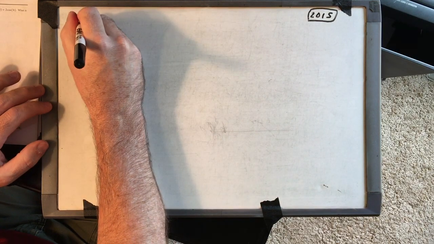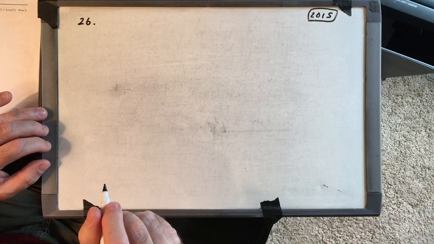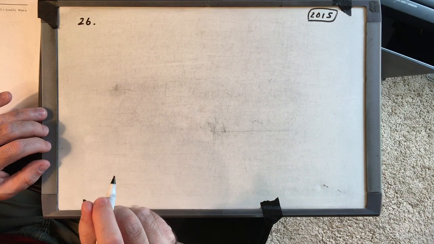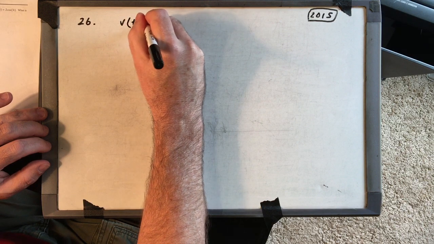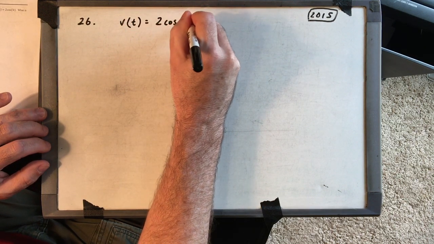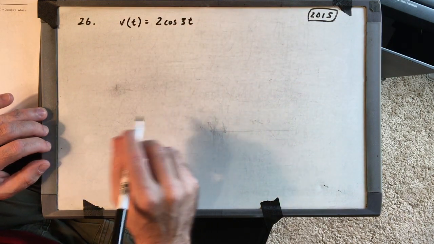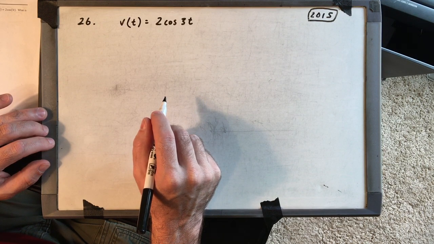Okay, let's look at 26. So 26 says an object moves along a straight line so that the velocity v of t is equal to 2 cosine 3t. What's the distance traveled by the object from t equals 0 to the first time that it stops?